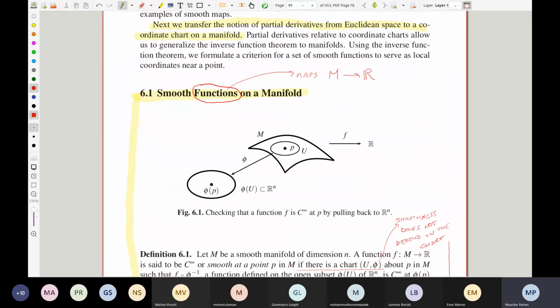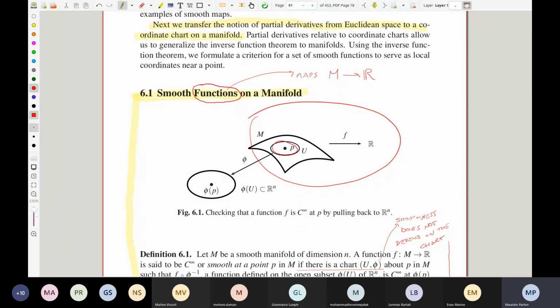Well, now everything is very easy, always the same. A manifold locally looks like Rn. A function on a manifold is smooth if locally that function is smooth. What does it mean? Take a microscope, a magnifying glass, and look around P with this magnifying glass.